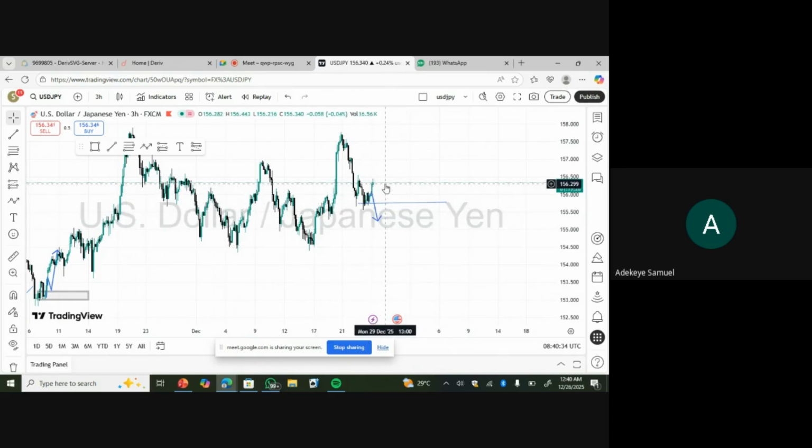You are buying, and the market later changes and starts selling. Let's say it sells down to this level. Imagine the kind of losses you could have made.